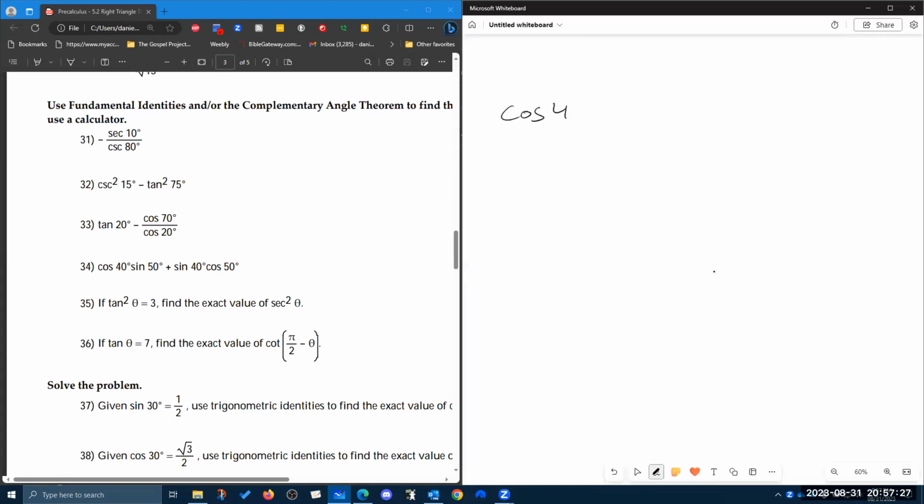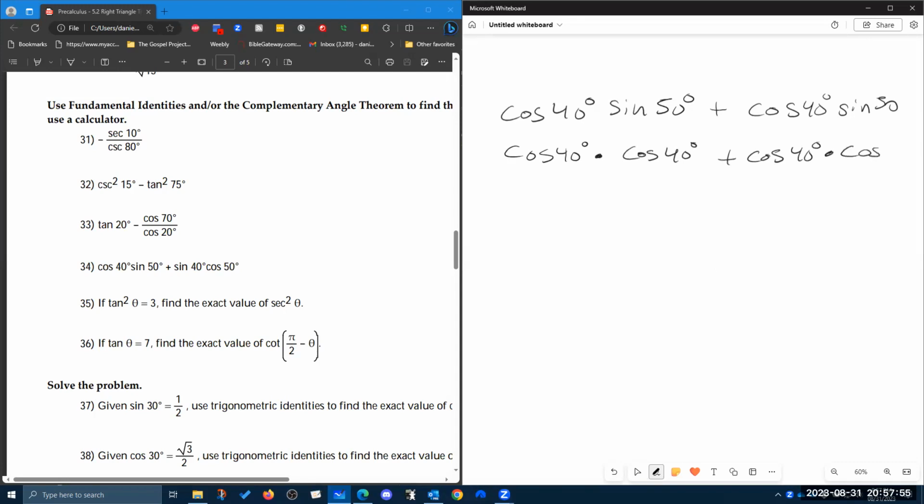Cosine of 40 degrees, sine of 50 degrees, plus cosine of 40 degrees, sine of 50 degrees. Again, I'm going to bring all of the big angles down to small ones. So this could be cosine of 40 degrees times another cosine of 40 degrees, plus cosine of 40 degrees times another cosine of 40 degrees, like so.